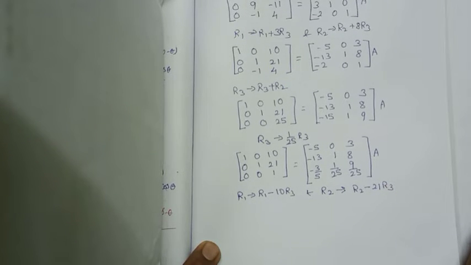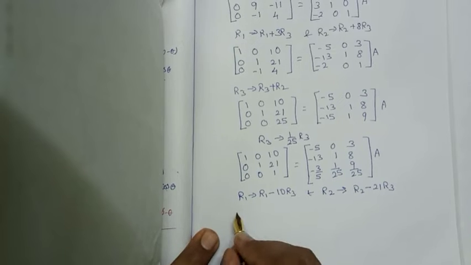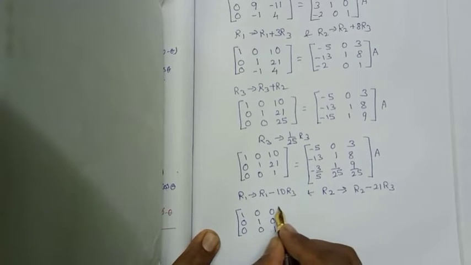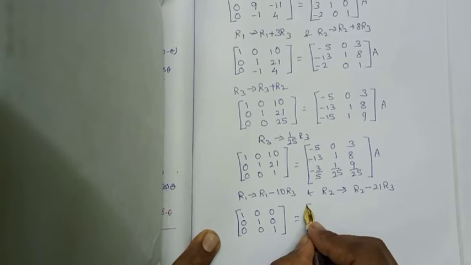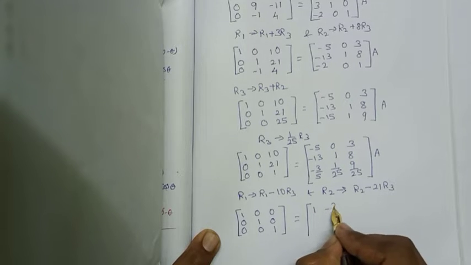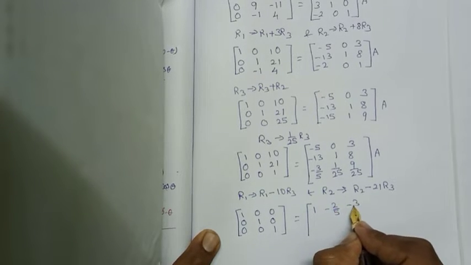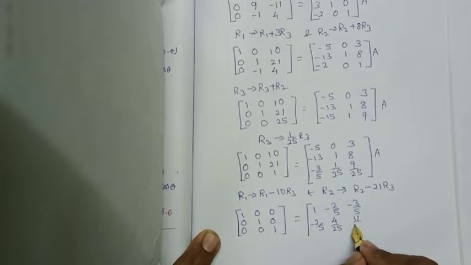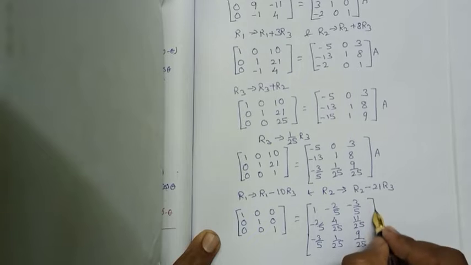Now proceeding in the same manner, we get 1, 0, 0, 0, 1, 0, 0, 0, 1, and this side we get 1, minus 2 by 5, minus 3 by 5, and minus 2 by 5, here 4 by 25, and 11 by 25, and minus 3 by 5, 1 by 25, and 9 by 25, which completes this square matrix.